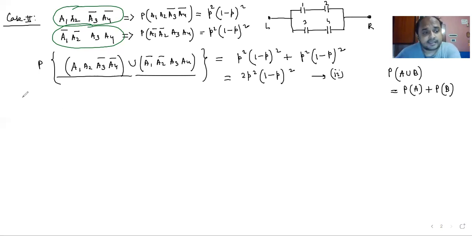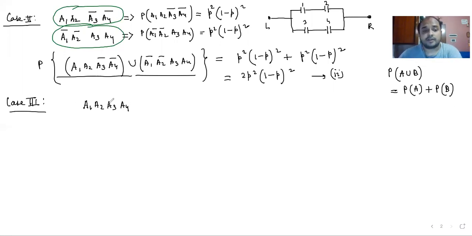Is there any other case where there will be a circuit from L to R? Case number 3, where all the relays A1, A2, A3, A4 are closed.